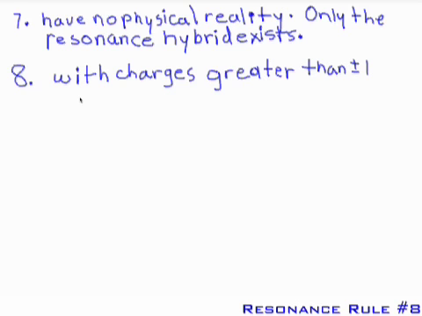So usually resonance structures with charges greater than plus or minus 1, like a -2 charge or something, are not written. But there are exceptions. And we're going to see some when we get doing some examples.